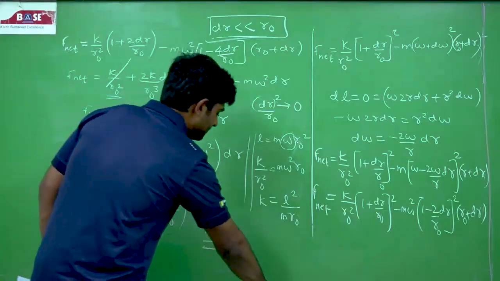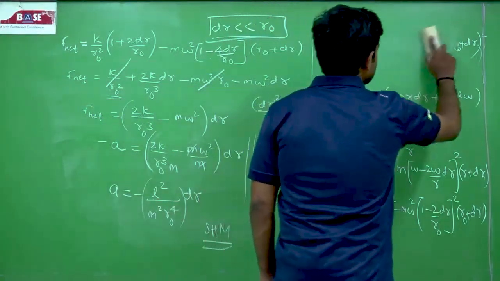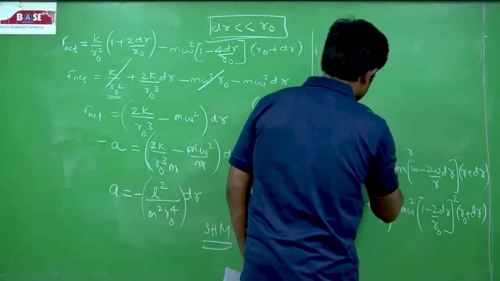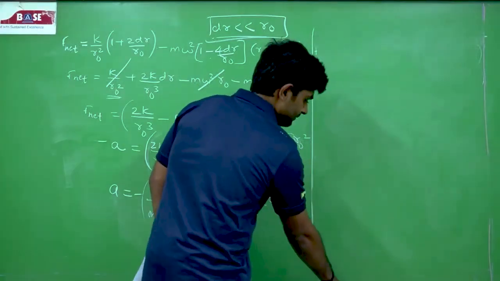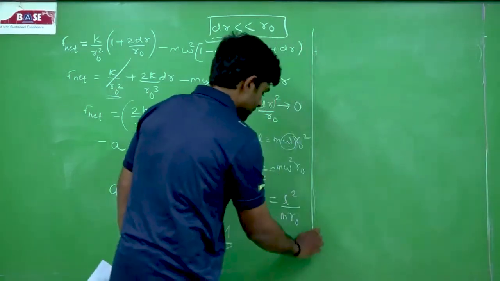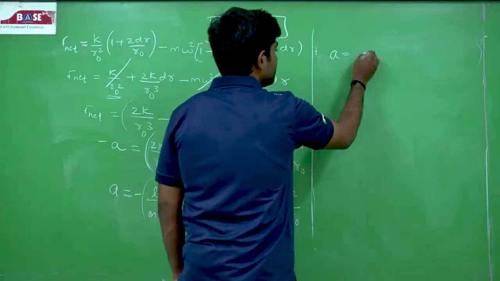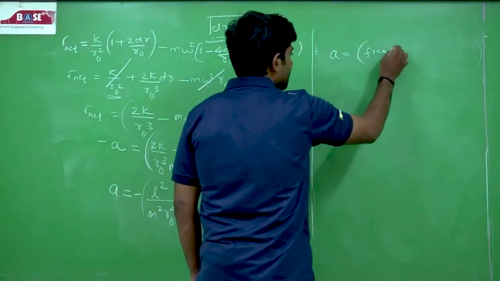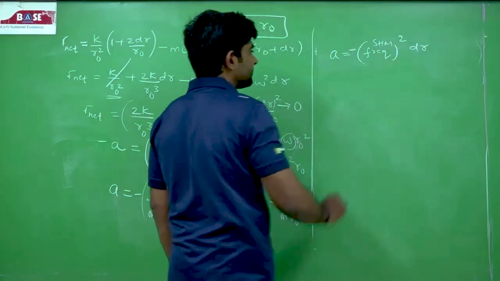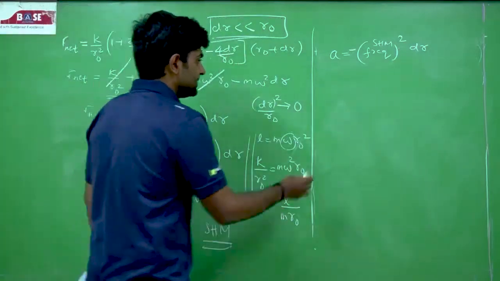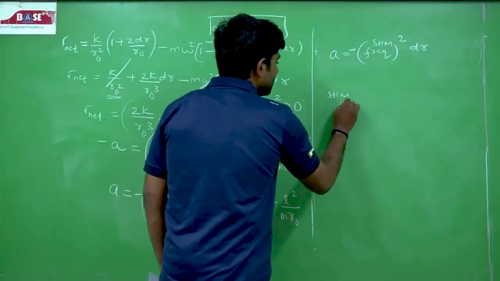So we'll write this way: acceleration equals SHM frequency squared times negative dr. Correct?